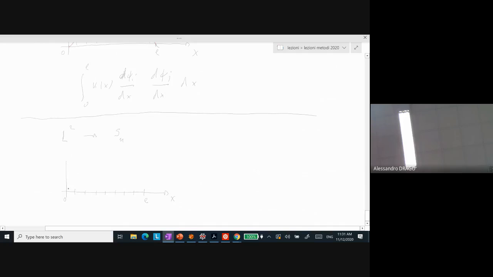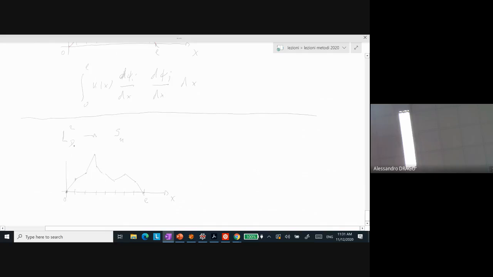So, for instance, a function like this. Notice that I have chosen a function that is vanishing at the two extremes, so that this would be L square restricted.